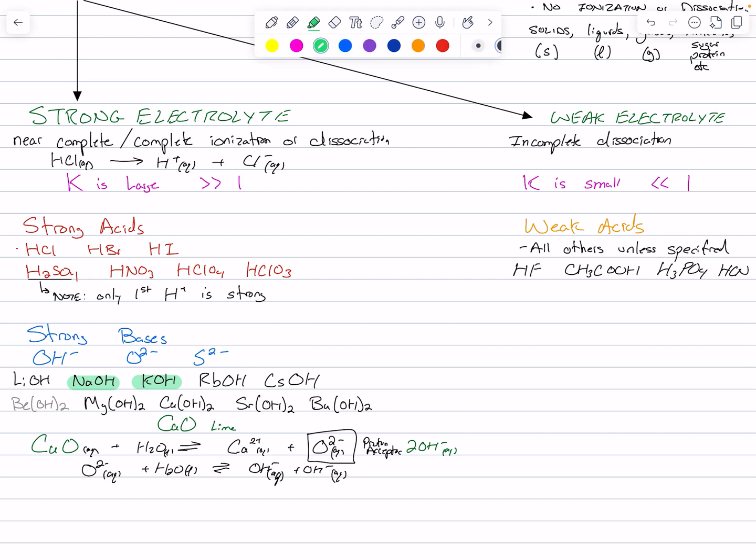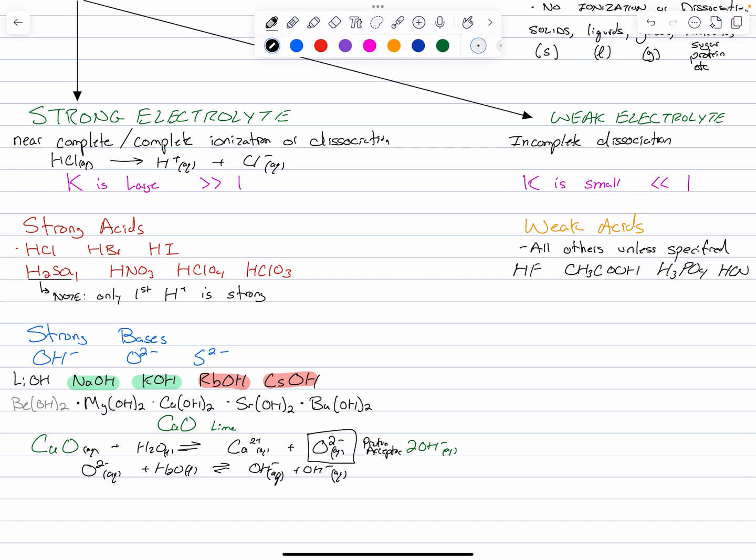Now, going back to the strong bases, rubidium and cesium are too dangerous, all right? And then these guys, well, the group 2 ones are less soluble, right?